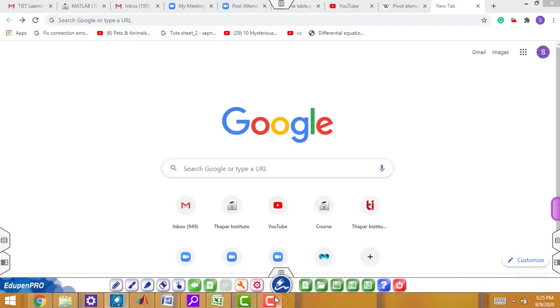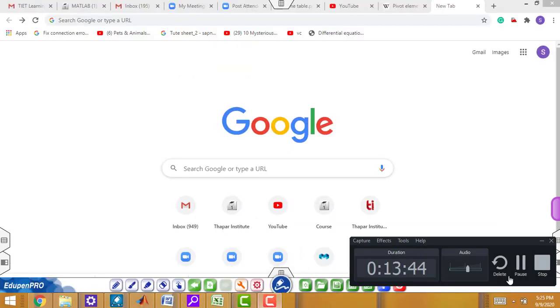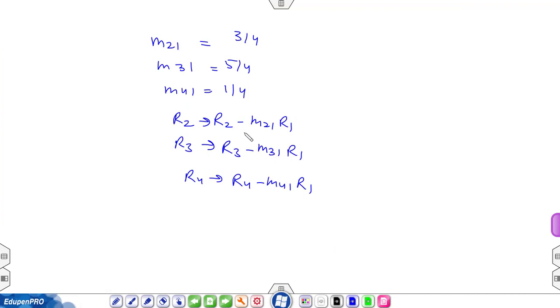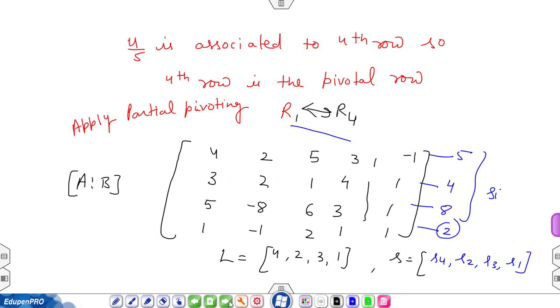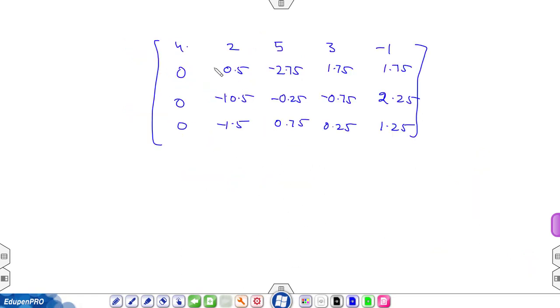Okay, let's see what matrix we get after applying these row operations to this matrix. We are getting this matrix. The first row is as it is, and we get 0 in the first column, and the second, third and fourth rows change after applying the row operations. This is because the fourth row was converted into the first row.